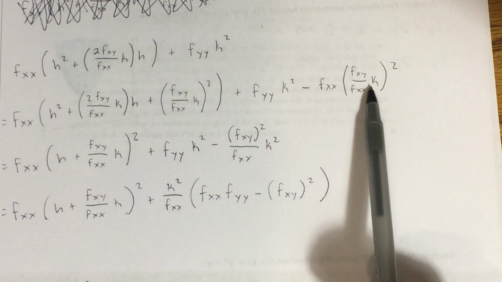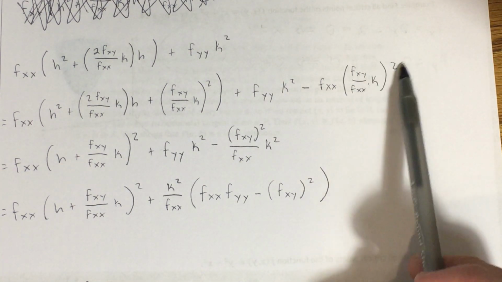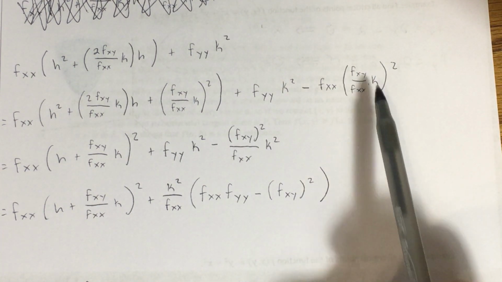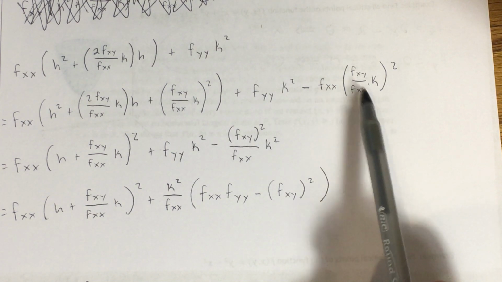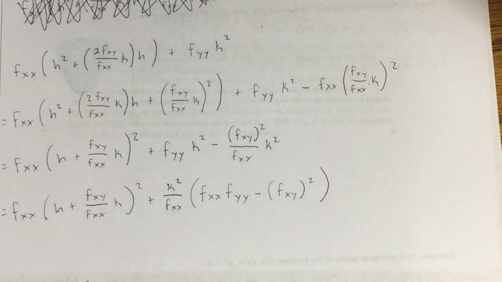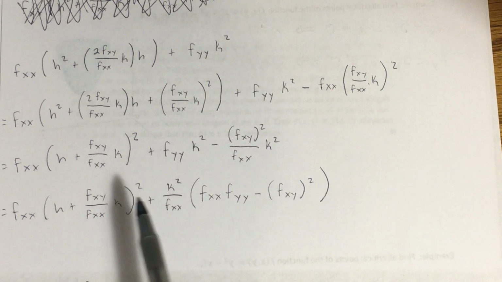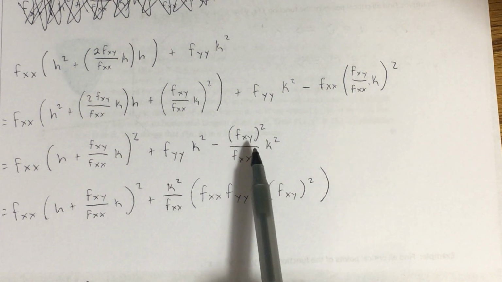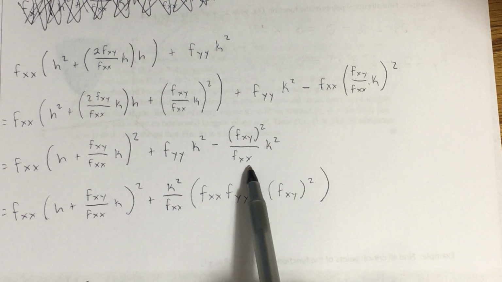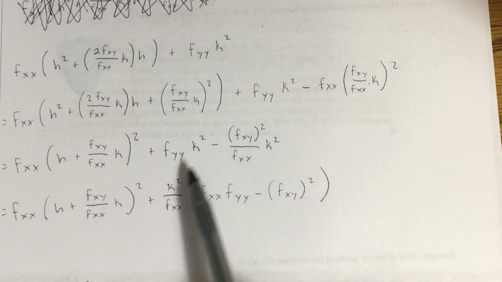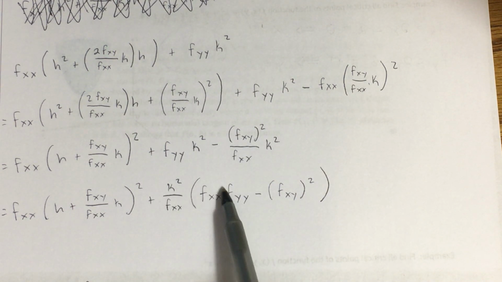And then this guy, if I distribute my second power to fxy, fxx, and k, and then use this fxx to cancel one of those fxx's out, I get this term right here. Finally, I'm leaving this guy put, but I'm going to factor. I notice I have a factor of k squared showing up in each one of these, and I'm also going to factor out the fxx in the denominator here. So k squared over fxx is being factored out.